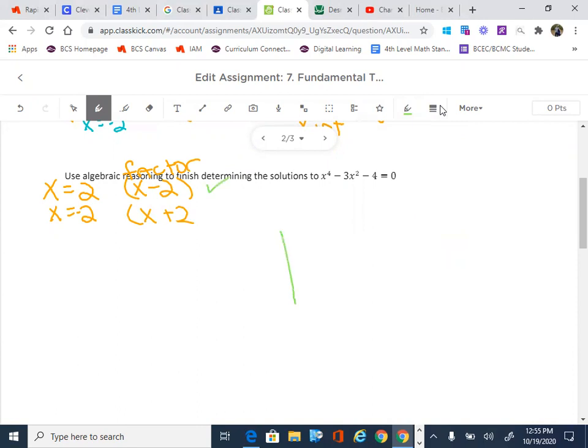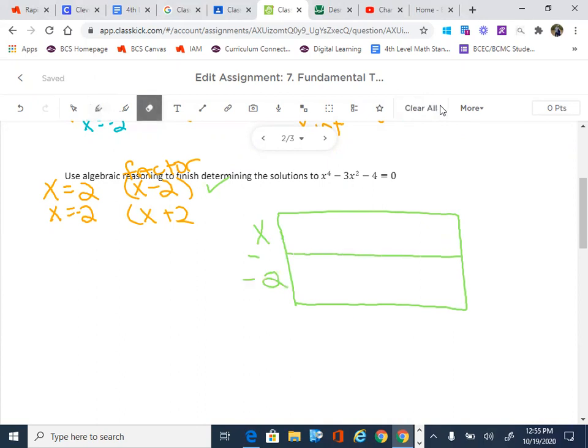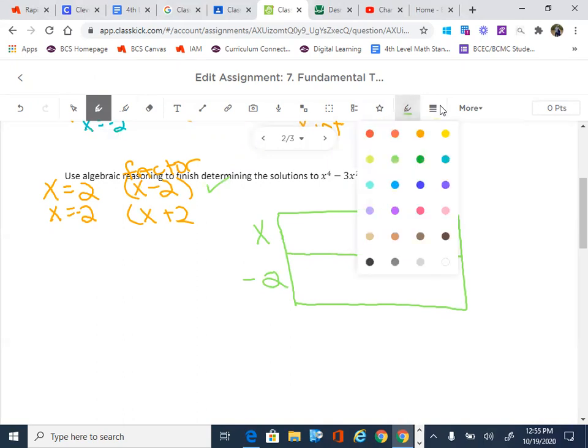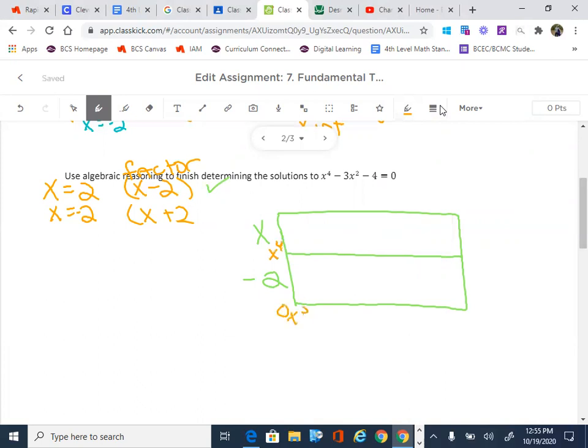So I'm going to divide out x minus 2. When I divide that out, I'm going to be left with another equation. We have the rest of the equation, which is x to the fourth, 0x cubed.